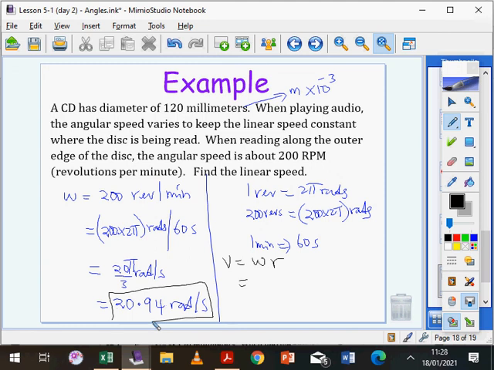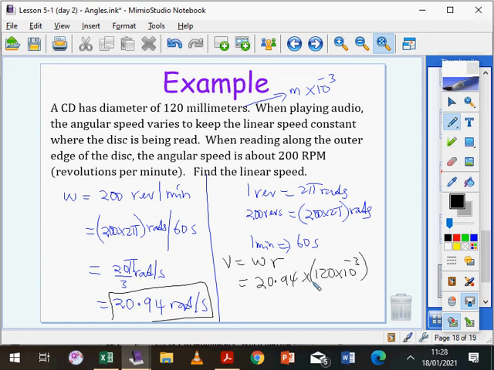So that's 20.94 multiplied by 120 times 10 to the minus 3. Times 10 to the minus 3 is the same thing as dividing by 1,000, because if I want to go from millimeters to meters, I divide by 1,000.